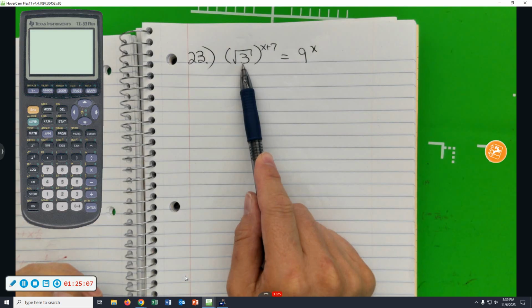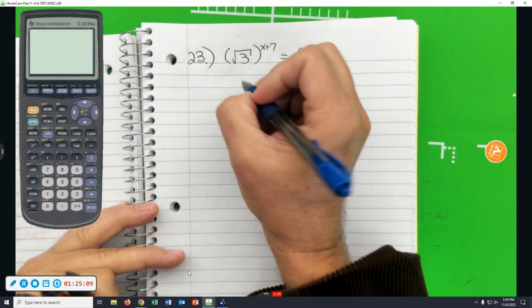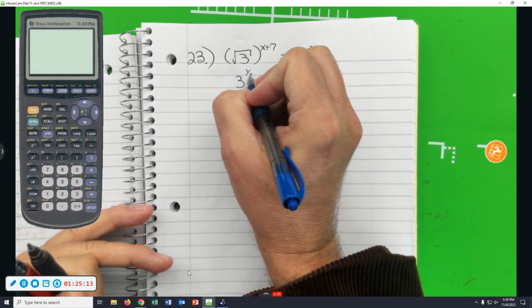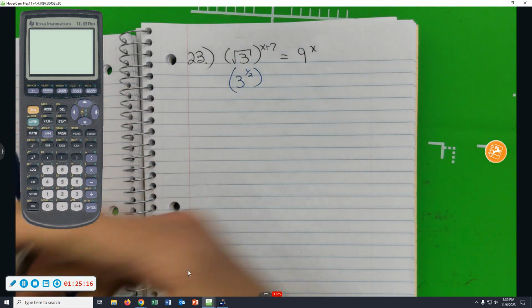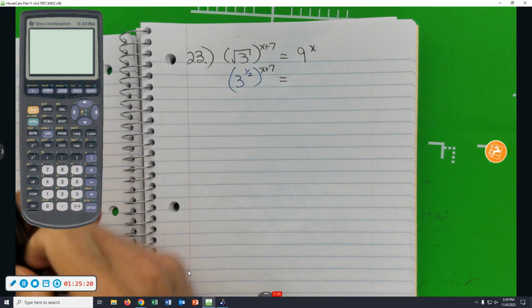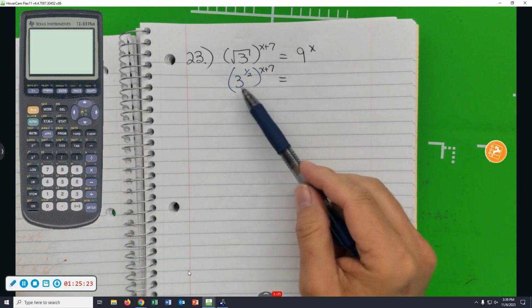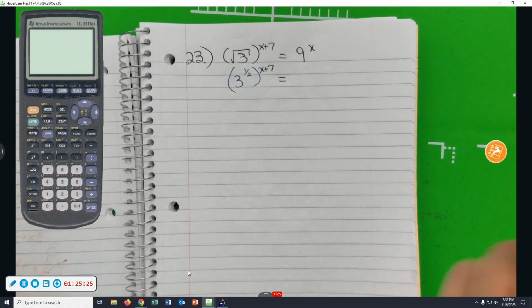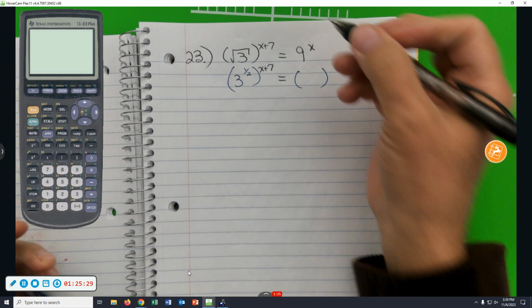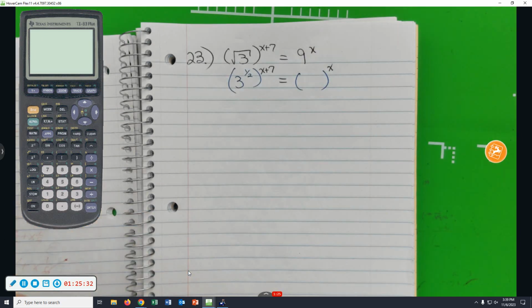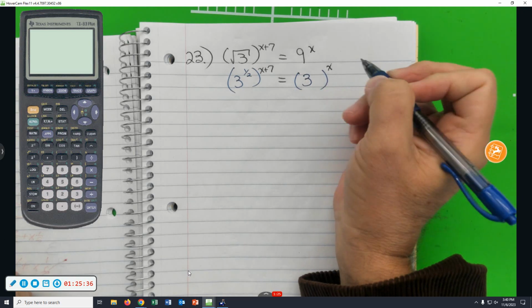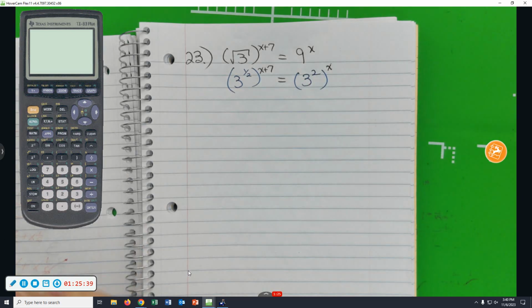That square root of 3, we're going to write as 3 to what power? 1/2. All raised to the x plus 7 equals, we better be able to write this number as a 3. Can we write that number there, the base 9, as 3 to the power? Yes, 3 squared.